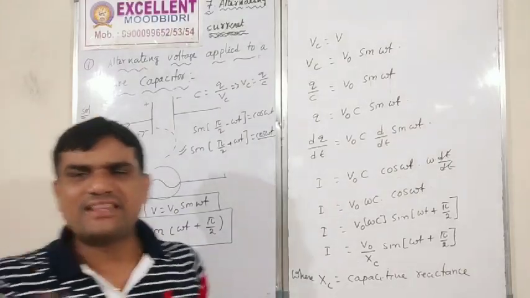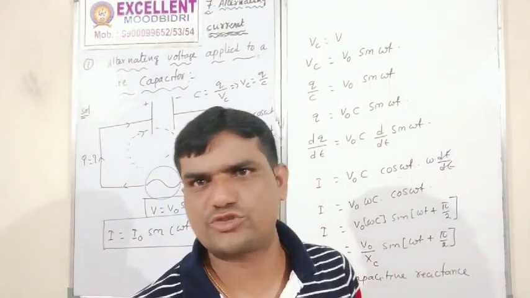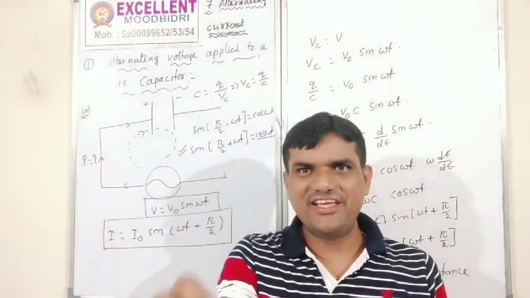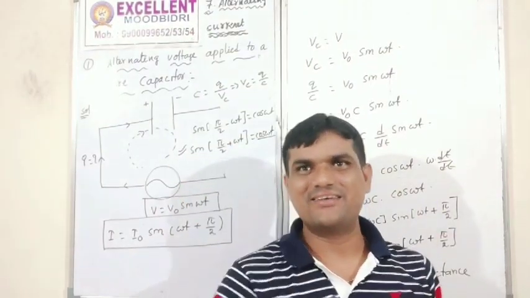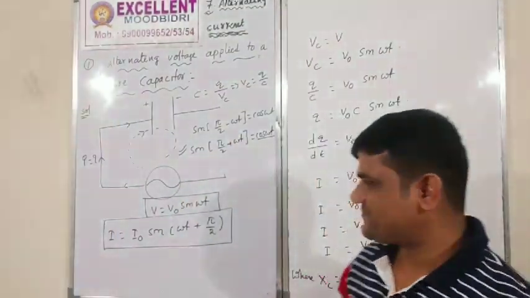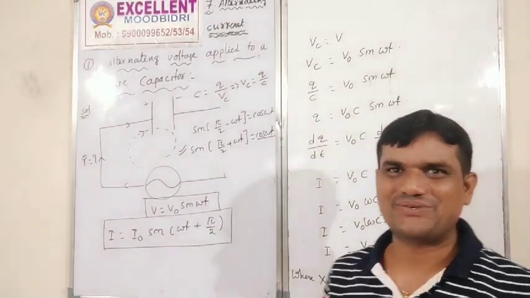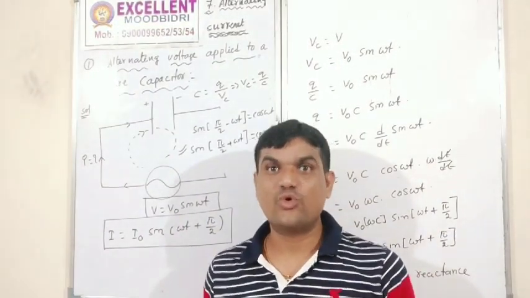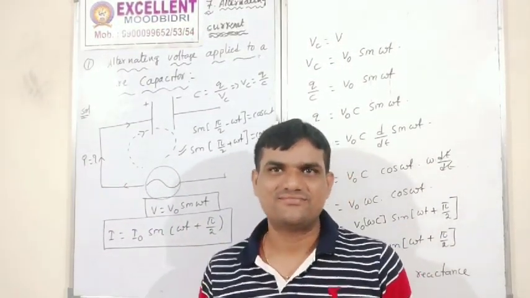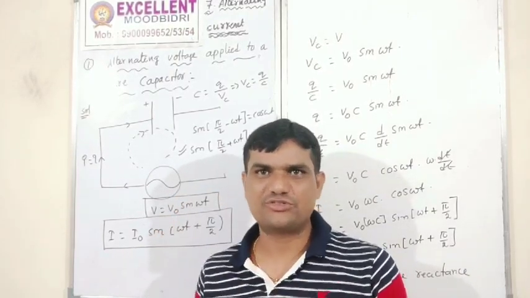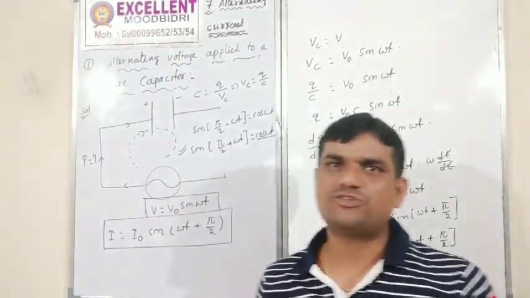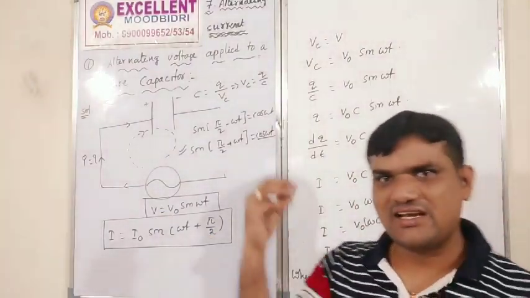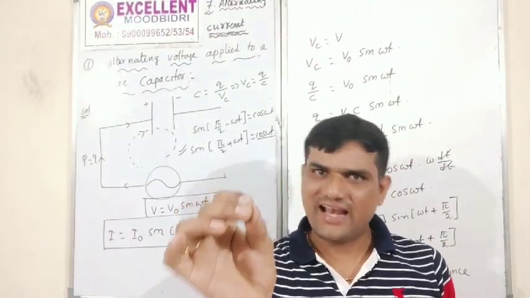That means in the capacitive circuit, the current leads by the angle of pi by 2. Current leads, voltage lags in the pure capacitive circuit.